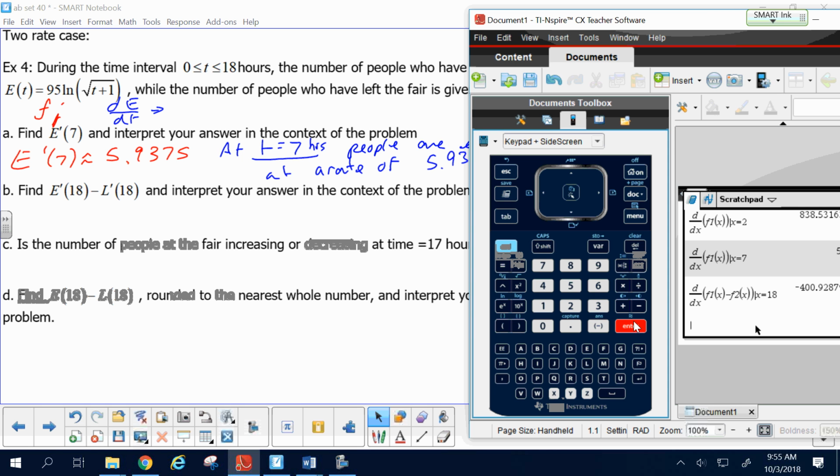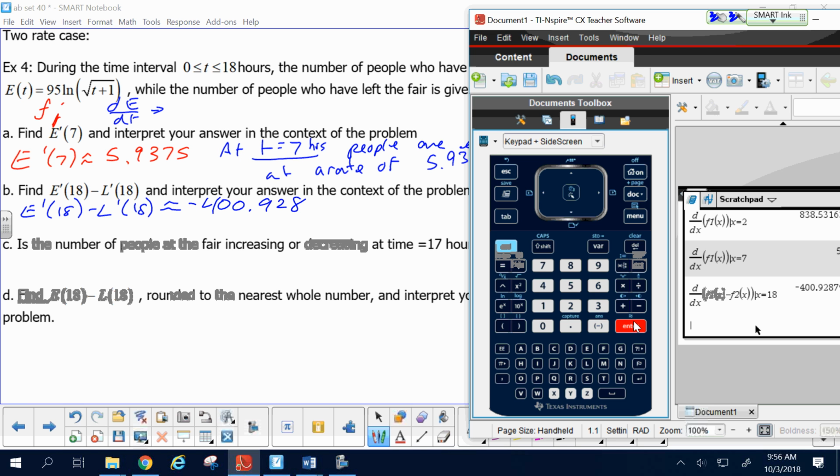I get negative 400.928. How about you? I'm having trouble reading you people. Is this about what you got? Negative 400.928? Okay. Now the interpretation of this is going to take a little more thinking. E prime is the rate at which people enter.